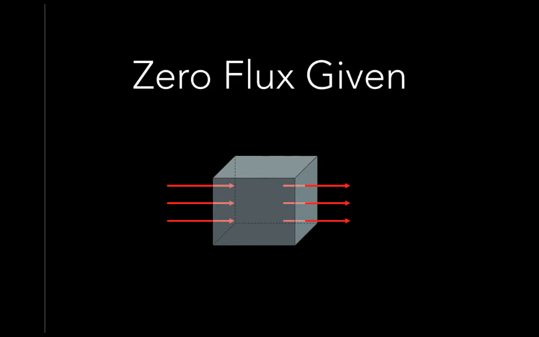What about this? No. Oh, wait, you can't have negative. It's 0. Zero flux. Okay? So if you have the same number of electric field vectors going in as you have coming out, that means you have no flux. Okay? So I want you to think about this.